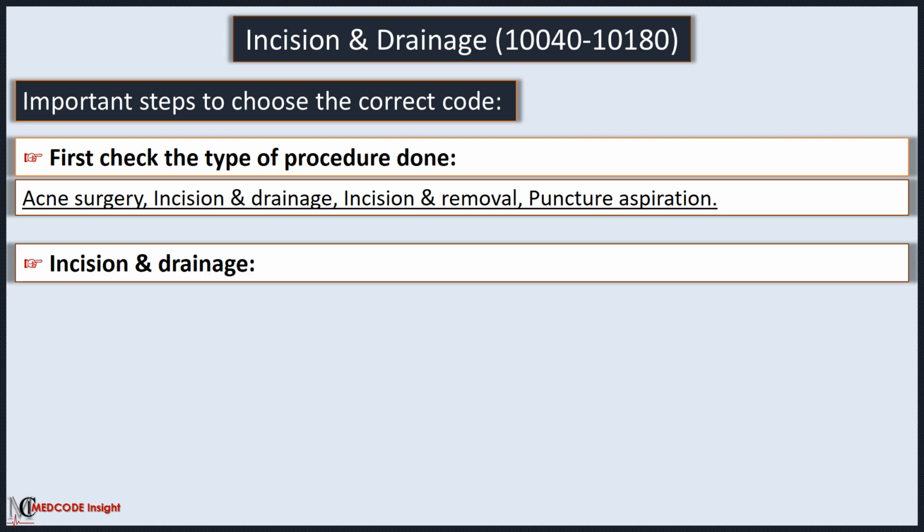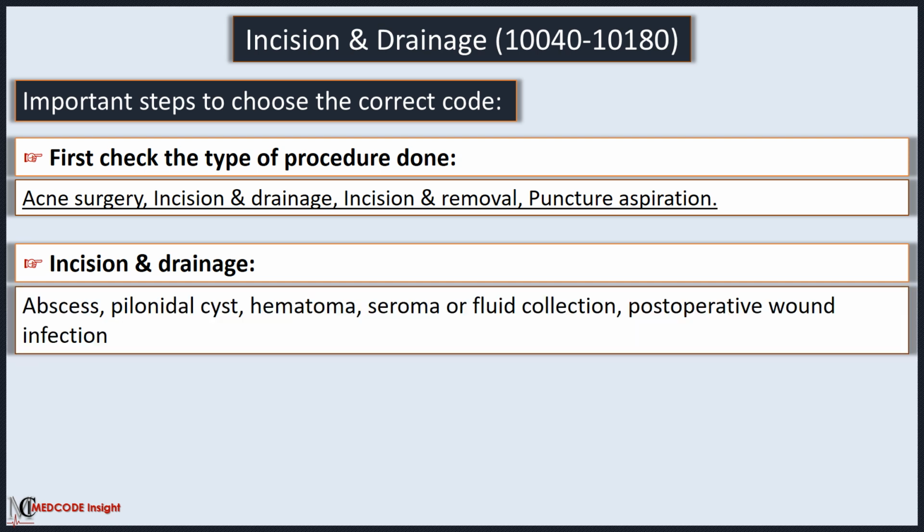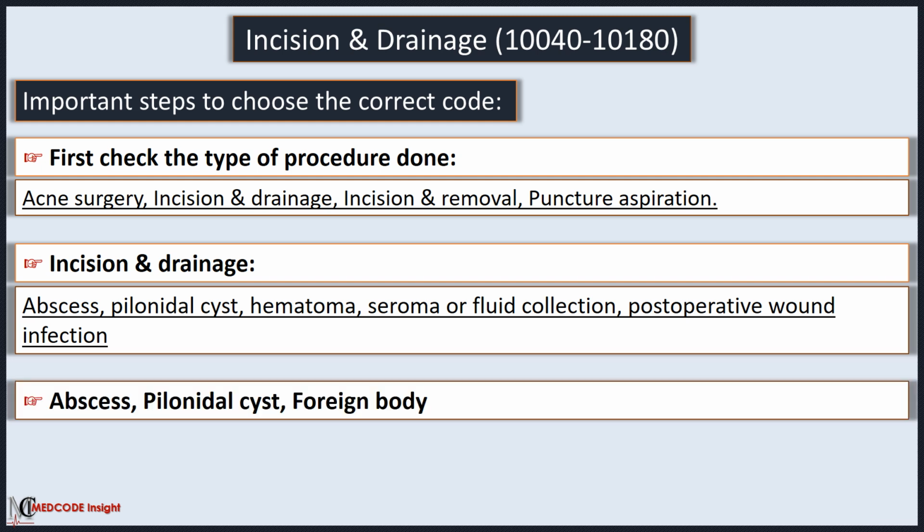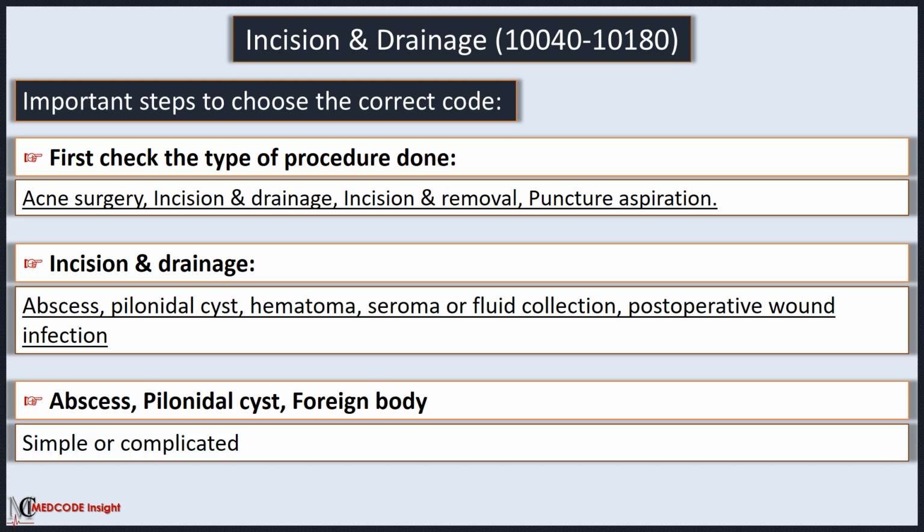If the procedure is for incision and drainage, check if it involves an abscess, pilonidal cyst, hematoma, seroma, fluid collection, or the procedure is performed on a post-operative wound infection. For cases involving an abscess, pilonidal cyst, or foreign body, further differentiate by determining whether the procedure is simple or complicated.